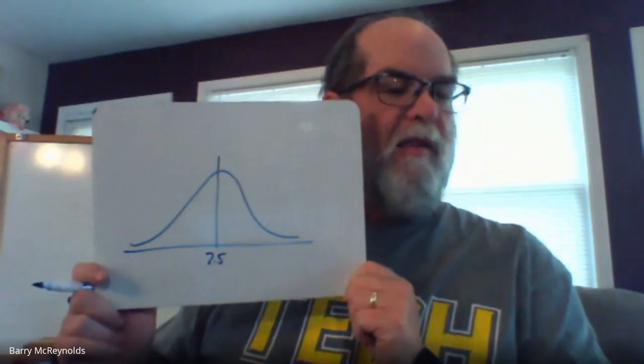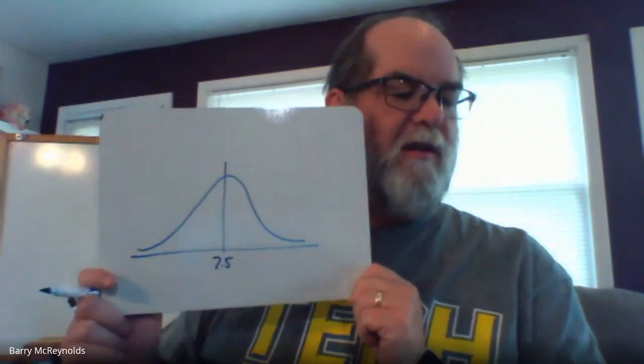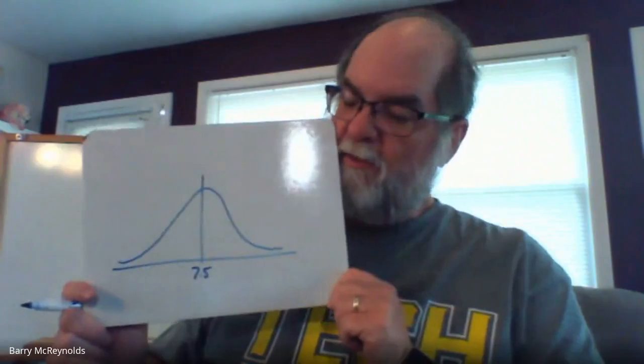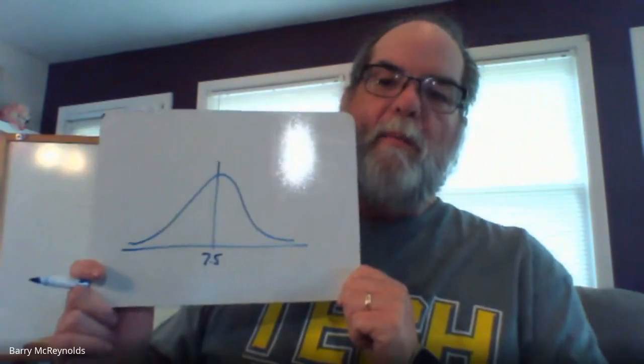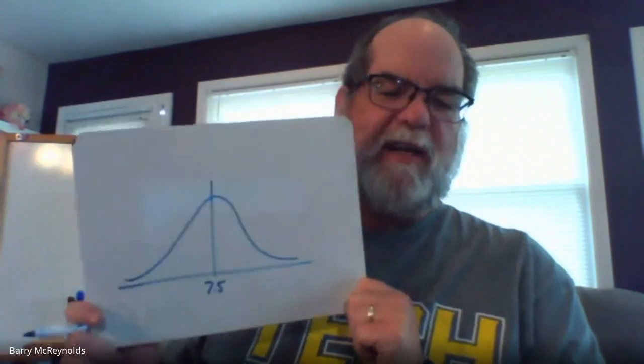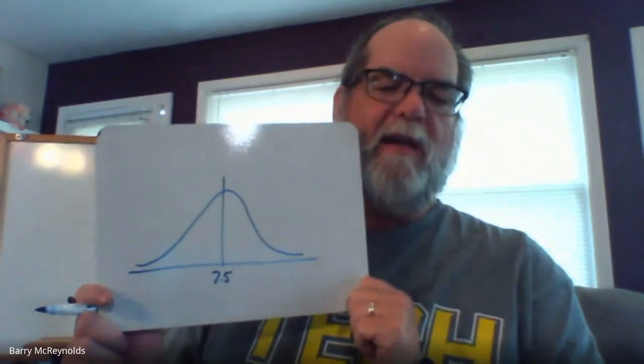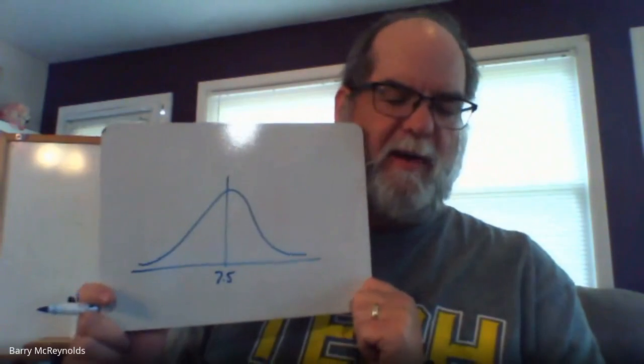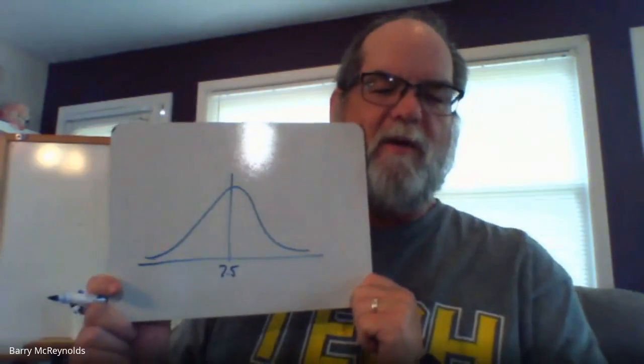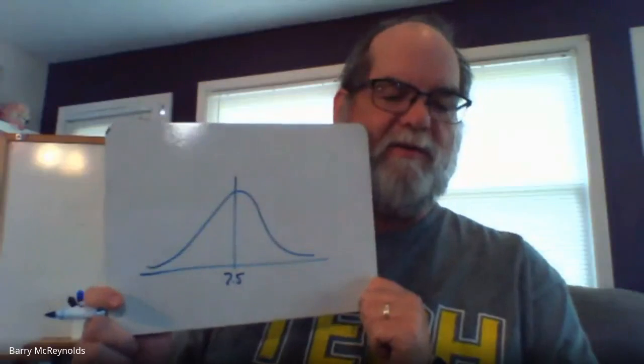However, the population standard deviation is 0.2. But because we've taken 4 samples, we're not dealing with the population standard deviation now. We're dealing with our sampling distribution standard deviation.